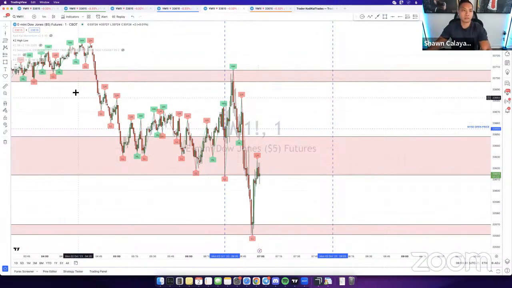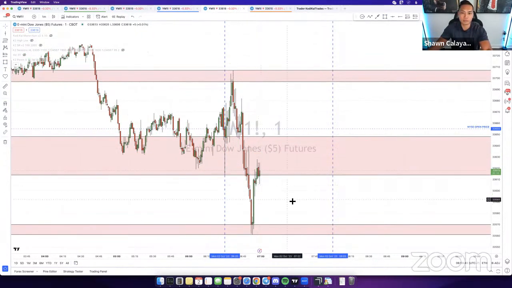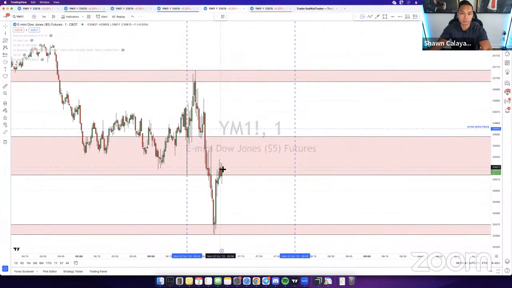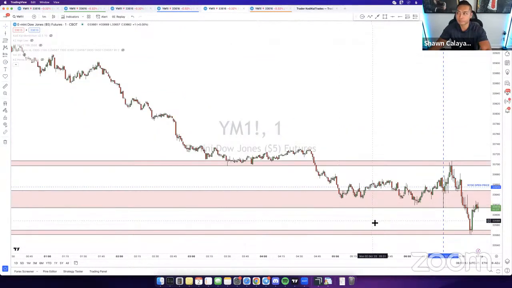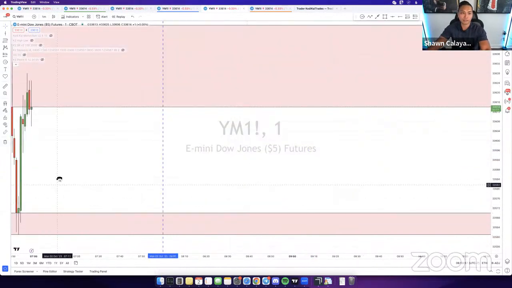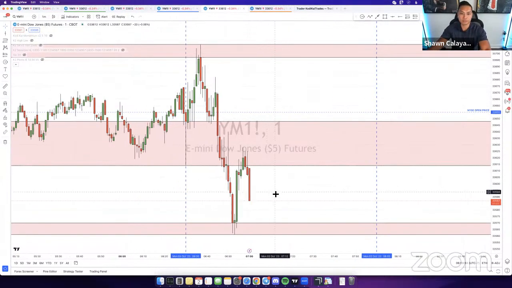So looking at this right here, you guys can see that it's currently in a range. So it's basically bouncing between this area and this area down here. So that's currently where price is at. It's not really moving too much. It looks like it's kind of frozen right now. It's not really moving at all, actually.